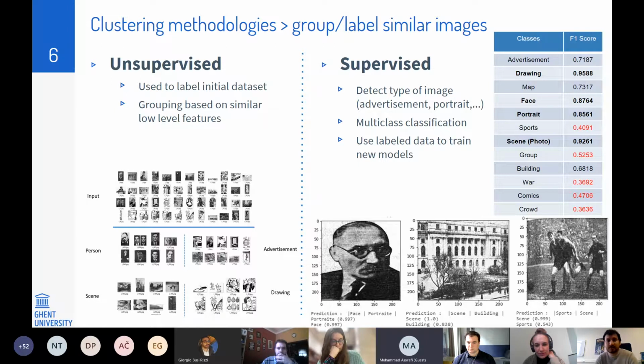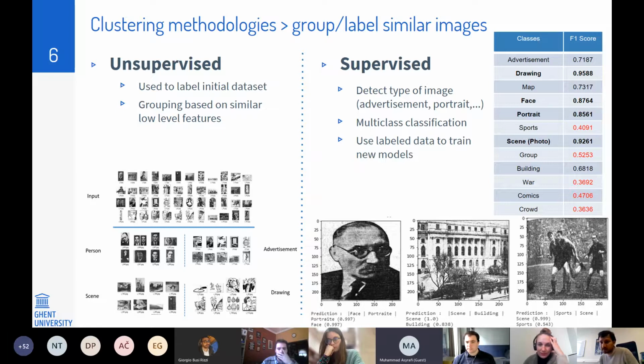It's normally used for initial annotation, so you get to know your data. Then you can label some of your images, because supervised learning requires that you know what is in your dataset and that you have some label information.